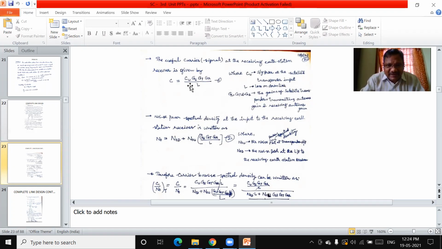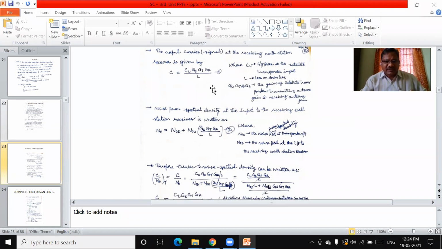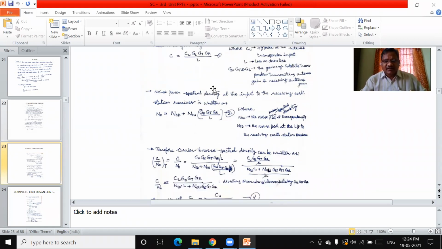So therefore, CU is the signal power at the satellite transponder input. L is the loss during this downlink. GS, GT and GR are the gains of the satellite transponder, the transmitting antenna and the receiving antenna. So this is the first equation; please put it as equation number 1.